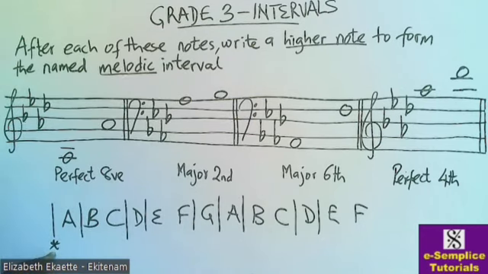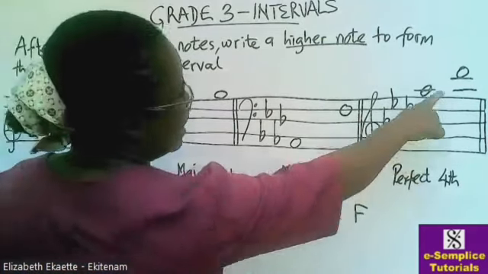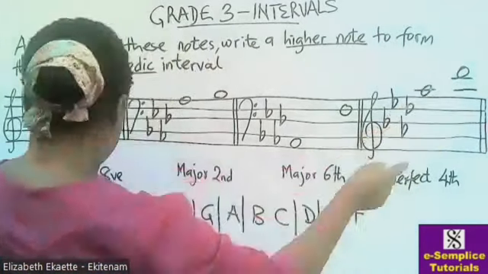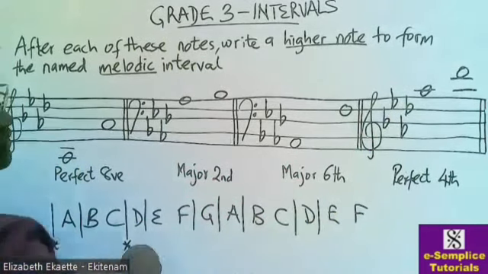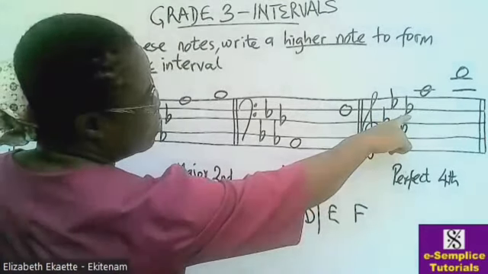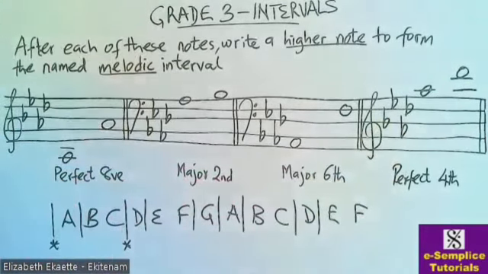So from A flat, count 5: 1, 2, 3, 4, 5. Now it ends us here. Where is our note? Our note is on D. So it means our answer is D flat. You are not adding any accidental because there is a flat on D in the key signature.